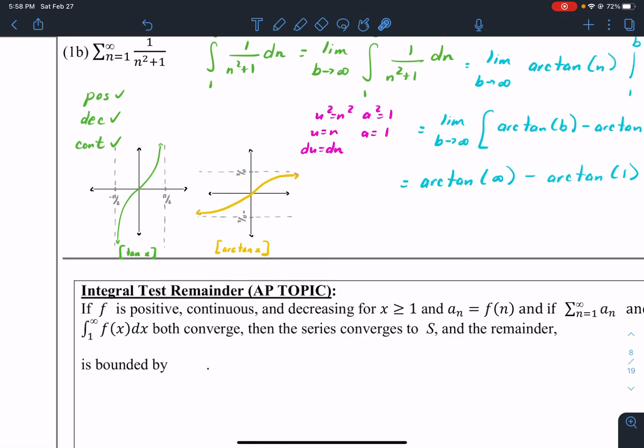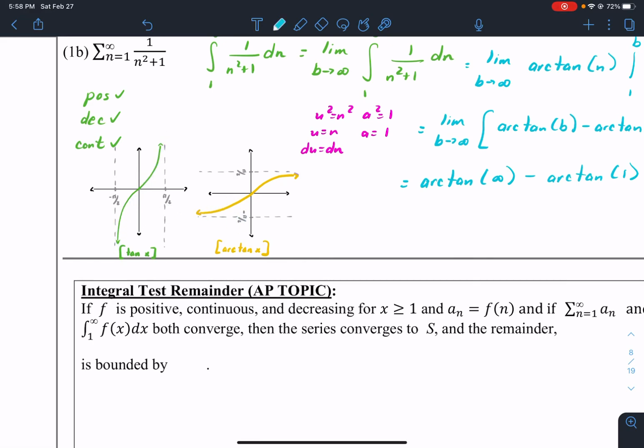So technically, right, there's a 1 in here somewhere. So arctan of 1 is going to be pi over 4. That's kind of that area. But this is the graph of arctan. So don't assume that arctan of infinity is just this blank thing, right? No. Arctan of infinity is pi over 2. Arctan of negative infinity is negative pi over 2.